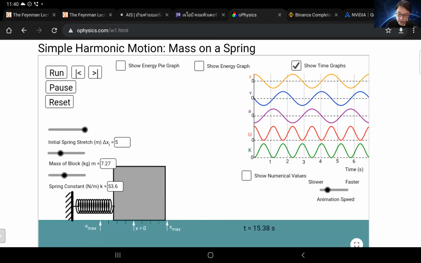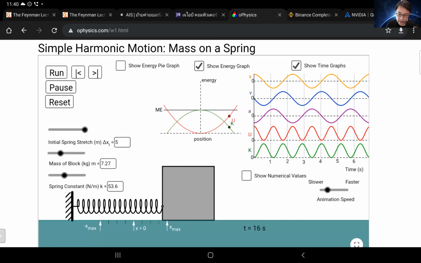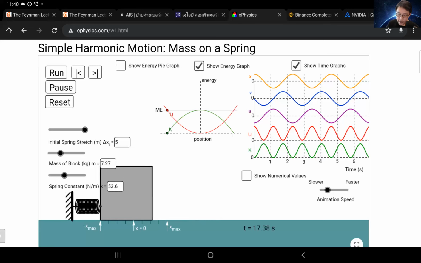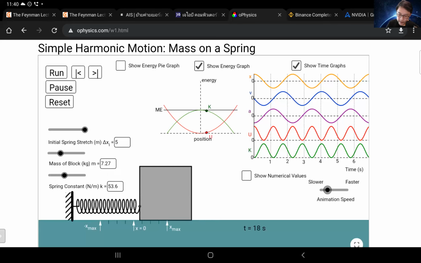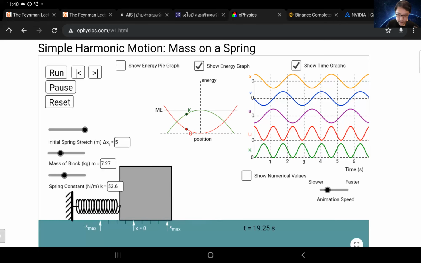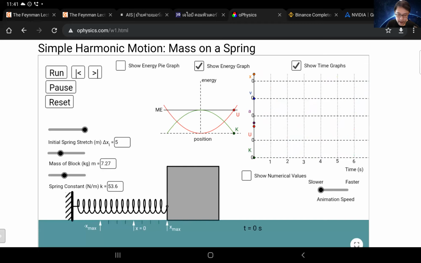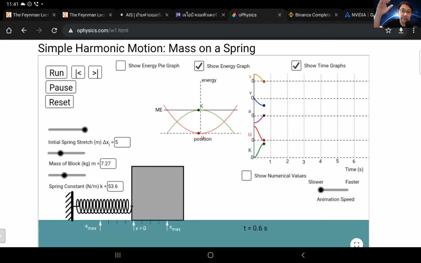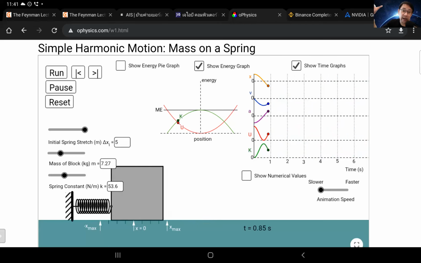So that means what you see over here is I can show you the energy curve now. I can go slower so you guys can pick up this one a little bit faster. I have to pause it first, I guess. All right, here we go. Reset, try again. There you go. See that? Now when you start from the highest potential, and the mass starts to move, you convert part of that potential into kinetic.